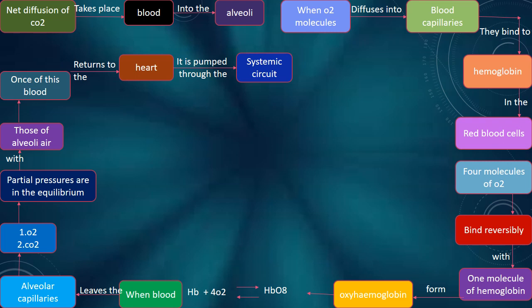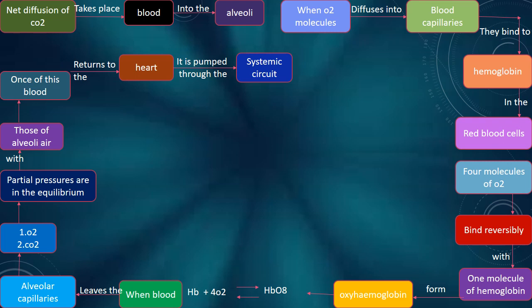When O2 molecules diffuse into blood capillaries, they bind to hemoglobin in the red blood cells. Four molecules of O2 bind reversibly with one molecule of hemoglobin to form oxyhemoglobin, HbO8. That is, Hb plus 4 O2 molecules form HbO8.